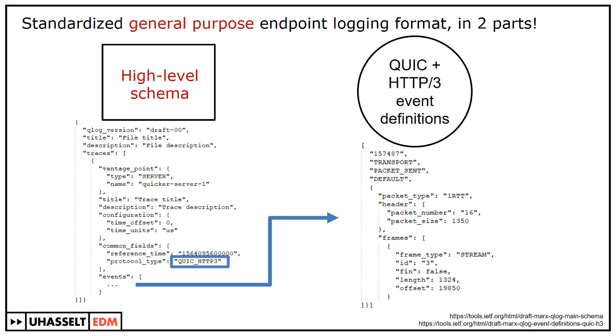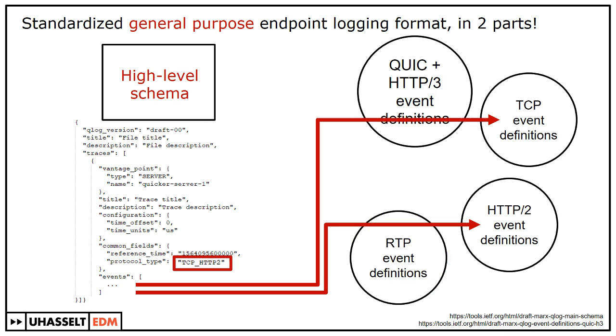This means that if we ever have documents for other protocols, next slide, we can simply change the protocol type field in the main schema, and then we know where to find the definitions for the events in that part of the file. So that's the general concept that we have at this point, a high-level schema and then individual definitions depending on the protocol.